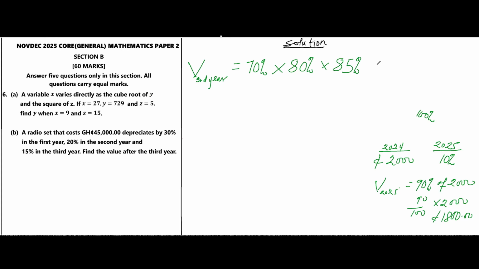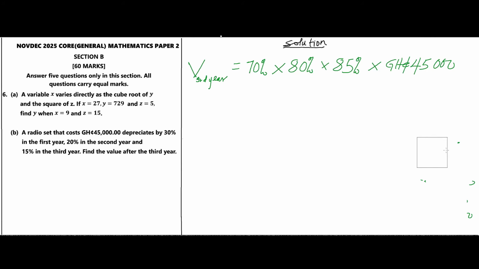So the whole of this multiplied by the original cost, which was 45,000 Ghana cedis.